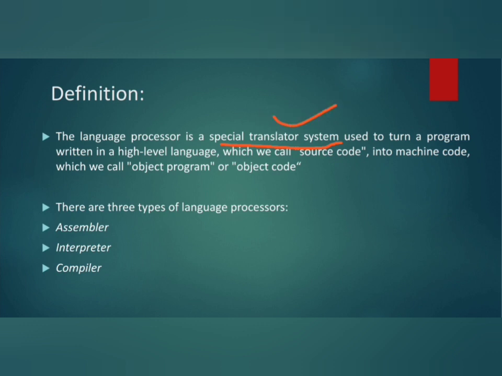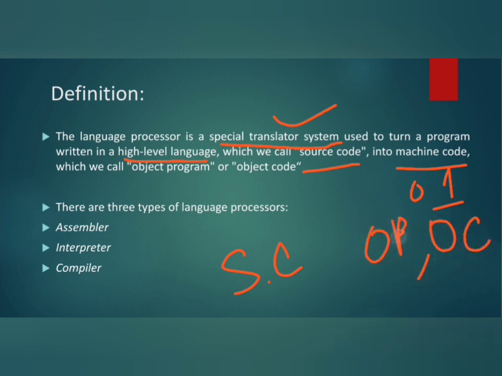It translates basically. What does it translate? It translates the program that is written in high level language, for example C++, Java, which we call source code. So we call the high level language as source code, and they are translated into machine language. Machine language means, like I have already said, it's 0 and 1, which we call object program, or object code.